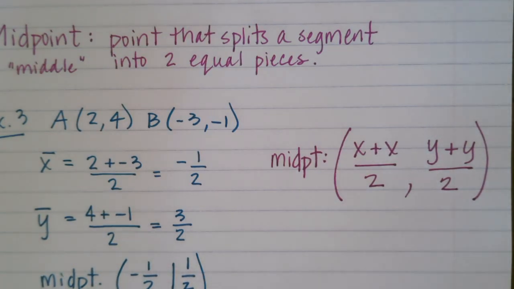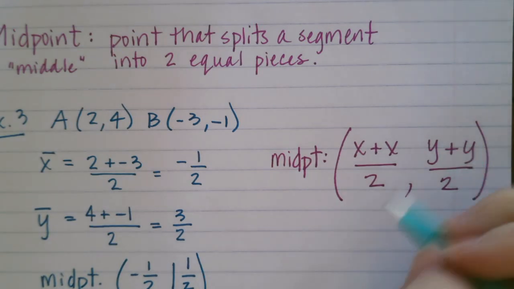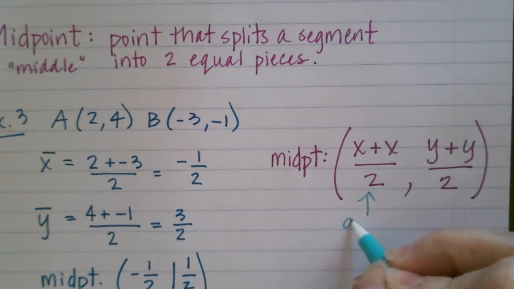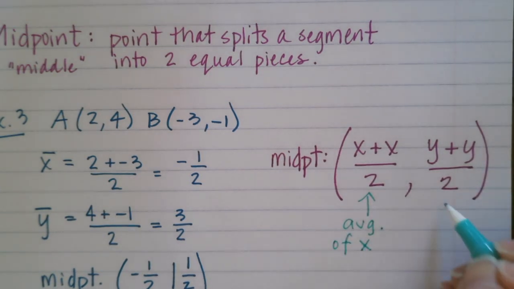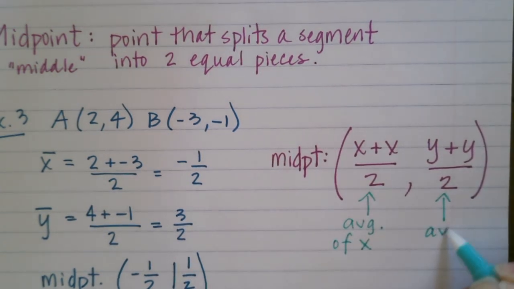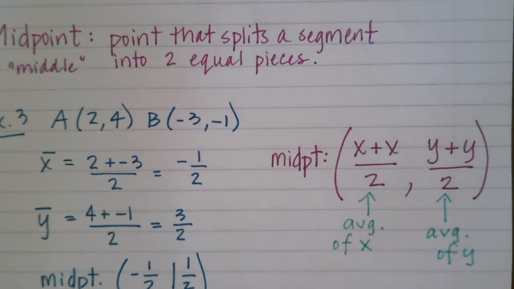Again, it doesn't matter which one you do first because you're adding them together. Maybe I'll change colors here. This is the average of the x values, and this is the average of the y values. If we average the x values and average the y values, we will find the point that's in the middle.